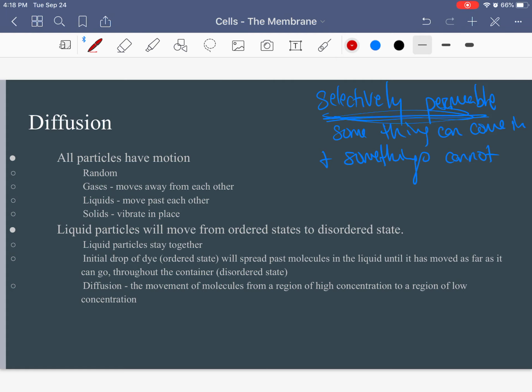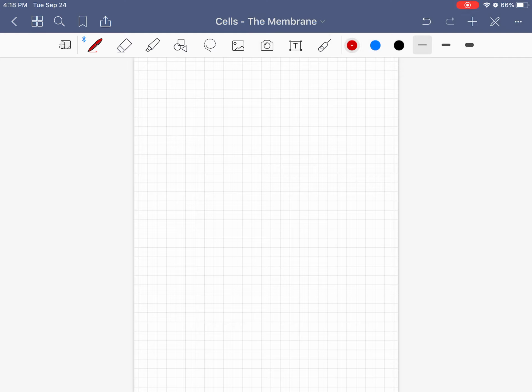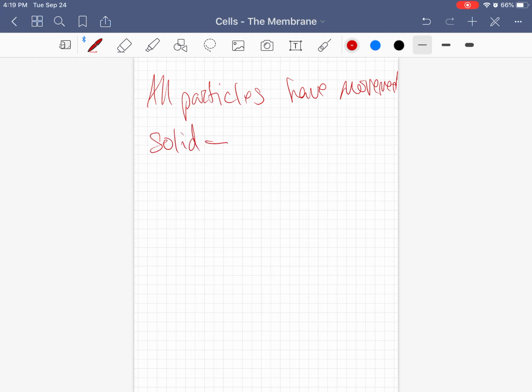When we talk about diffusion, we have to talk about particle motion. All particles have movement. If you are a solid particle, like a solid material, your molecules all have movement, right?